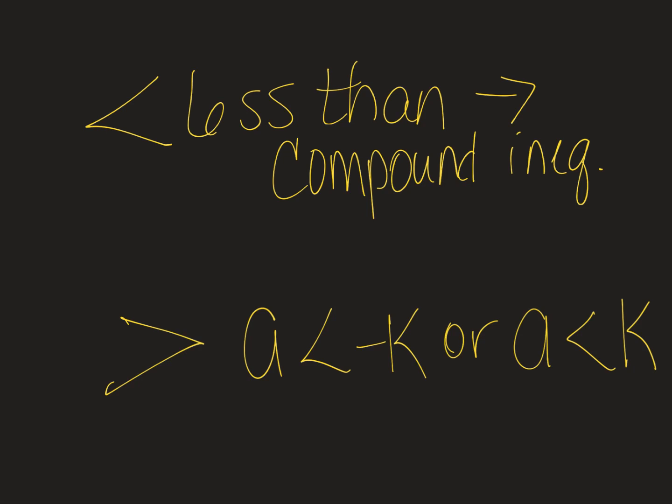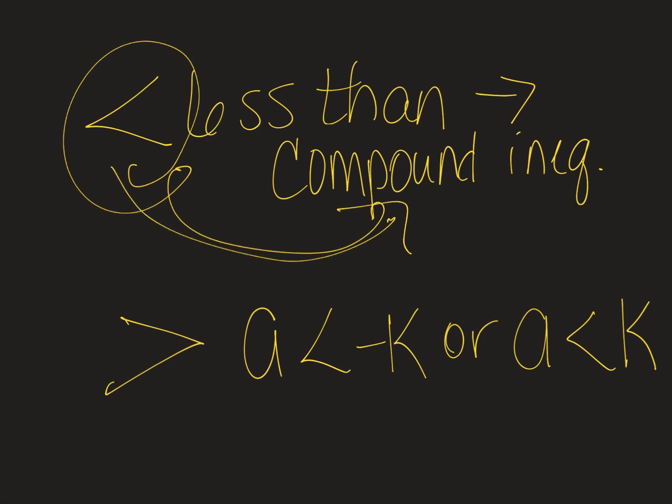All right, let's look at something here. Remember, if it's less than, you're going to write it as a compound inequality. Say you have the absolute value of 3x is less than 6.